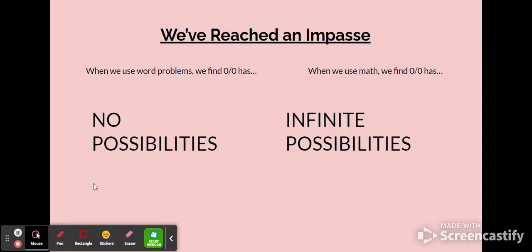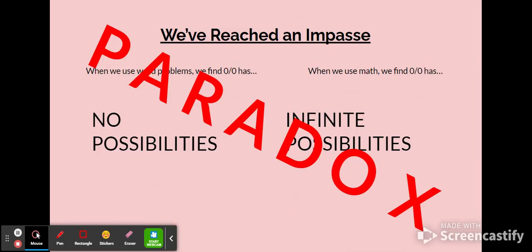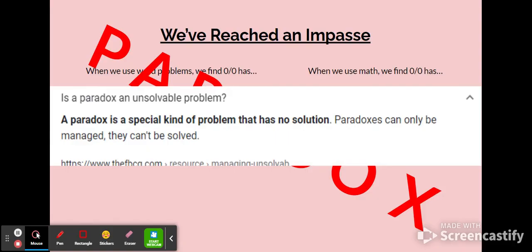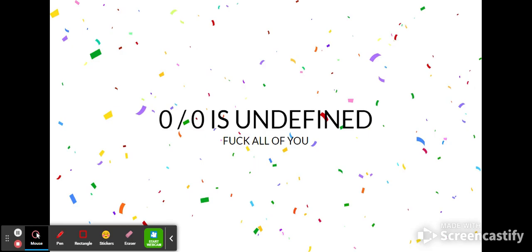But you can't have no possibilities and infinite possibilities at the same time, and this creates a paradox. And what's a paradox, you might be asking? It's a special kind of problem that has no solution, and they can only be managed, they can't be solved. So this is why 0 divided by 0 is undefined.